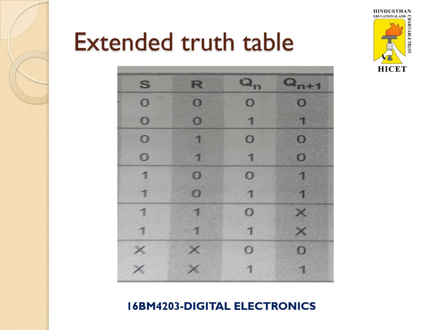Now 0, 1. Reset active. When reset active, whichever the present state, next state is 0. So 0 means the same state will be maintained. Then 0, 1. Present state 1. Now reset active, whichever the present state, next state 0. So 1 becomes 0. This is the information about the fourth row in the expanded truth table. Next 1, 0.